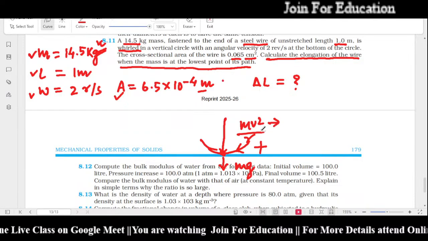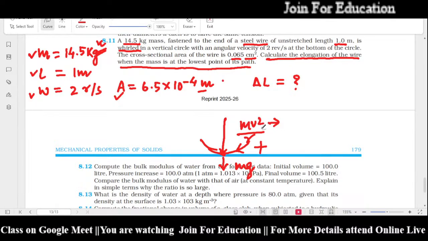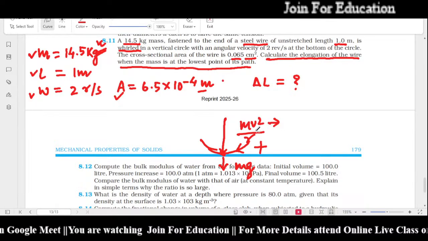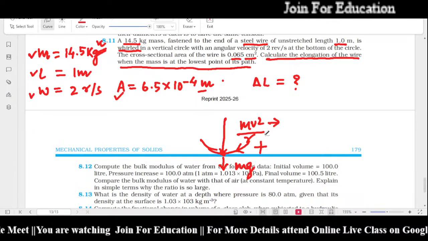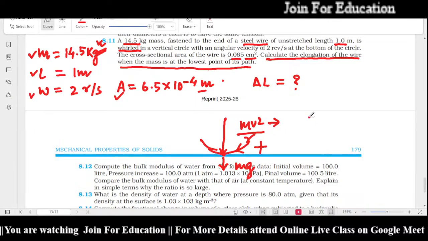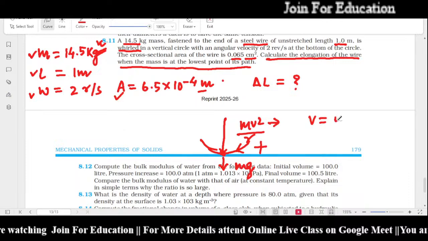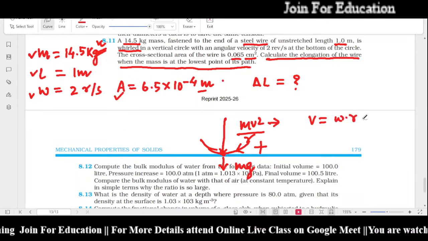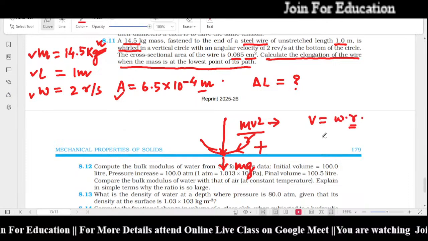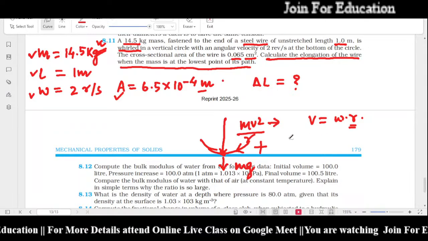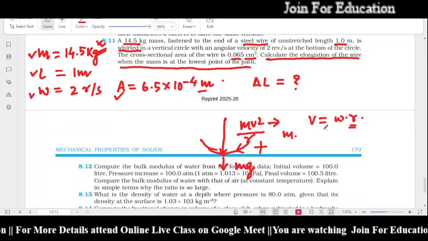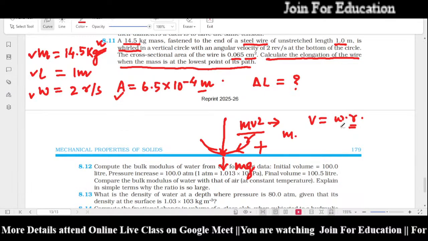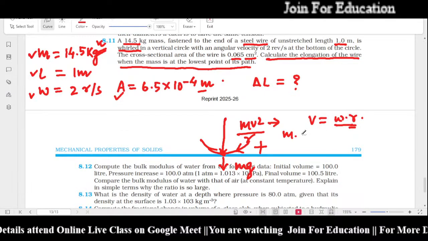Here v is the linear velocity, and we know the relation between linear velocity and angular velocity: linear velocity equals angular velocity into the radius of the circular path. So here we get m, and when we square this we get omega square r square.